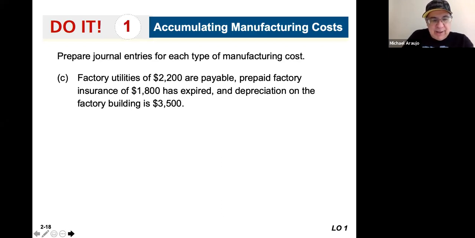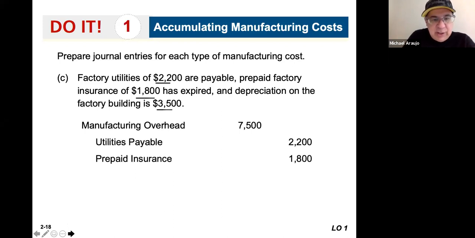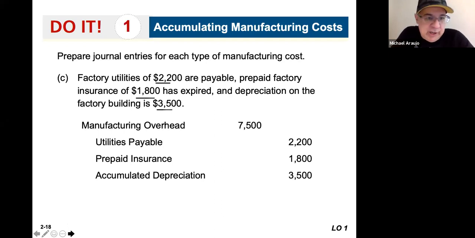So you simply add those up, and that's going to be the debit you're going to be making to manufacturing overhead, $7,500 debit to manufacturing overhead. And then the credits are going to be assigned to each individual account based on what we just did. So we had a utilities payable of $2,200. We credit prepaid insurance because we use that up, and we credit accumulated depreciation.